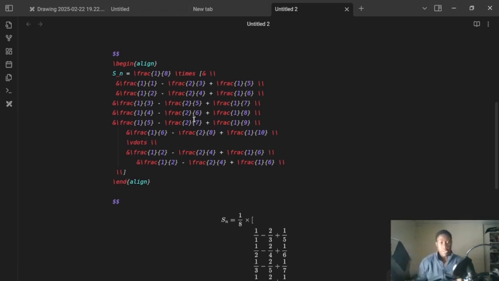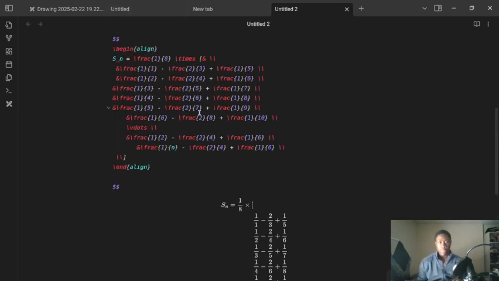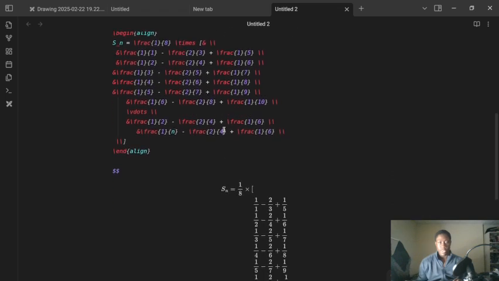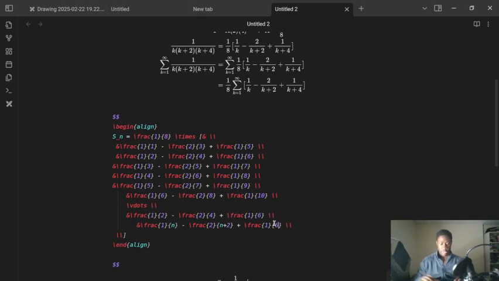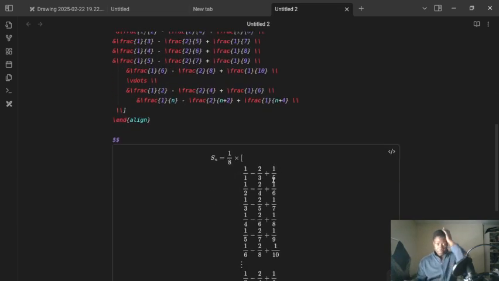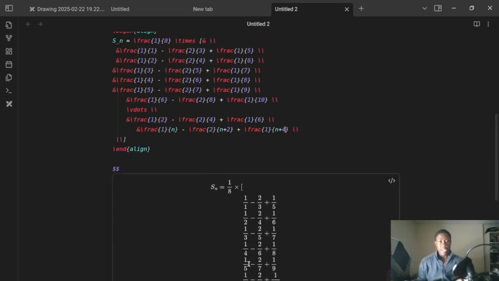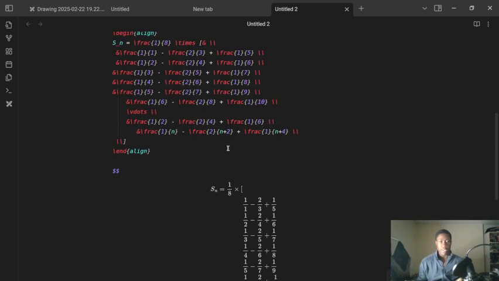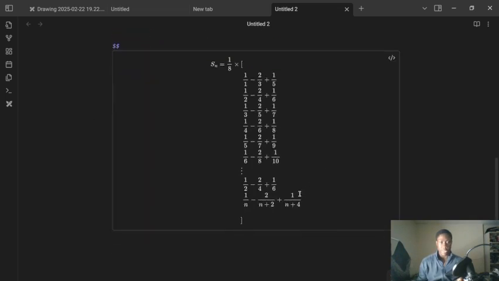So if we stopped at n, because that's what we're considering here, when I have n, we see that it's n plus 2, so I can just write n plus 2, and it's n plus 4, so I can just do n plus 4. Then if I work backwards, strictly I don't need to do that because I see already that a few of those terms will be cancelled.